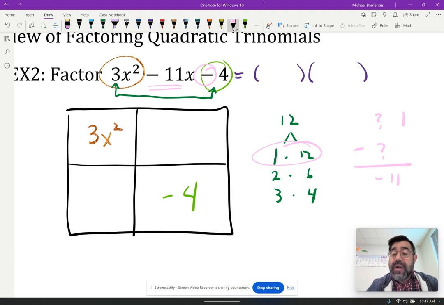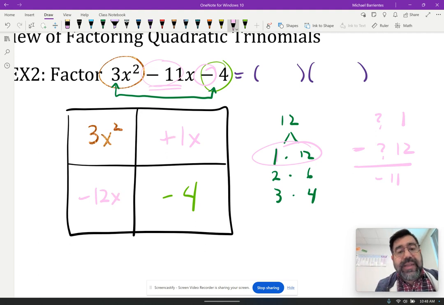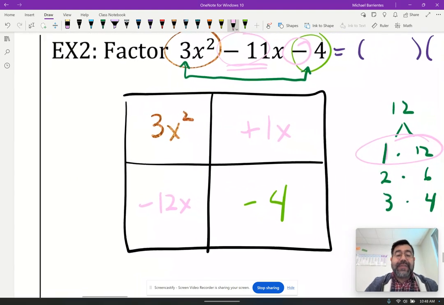It has to be 1 minus 12 in order for it to give me negative 11. If I do 12 minus 1, I'm going to get positive 11. That's not what I want because that's not what's here. Okay, so now I know what the two numbers are, so I'm going to write them in here: positive 1x and then minus 12x. These are the two terms that would give me the middle negative 11x.